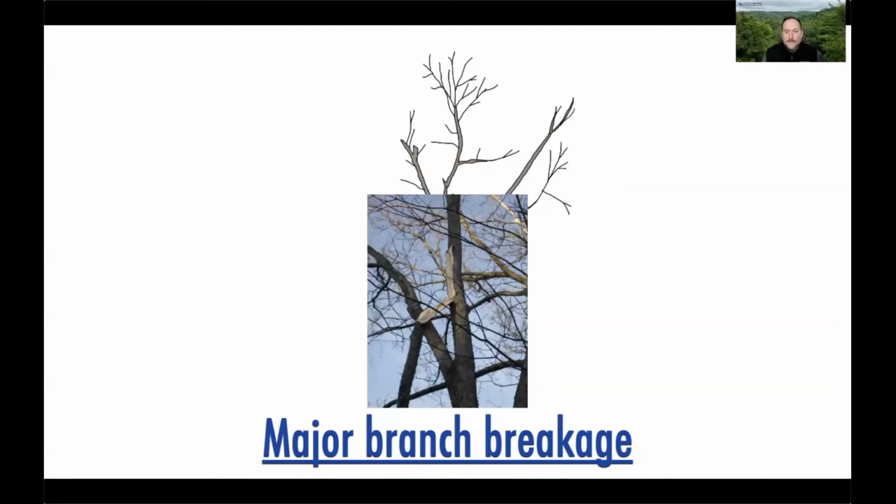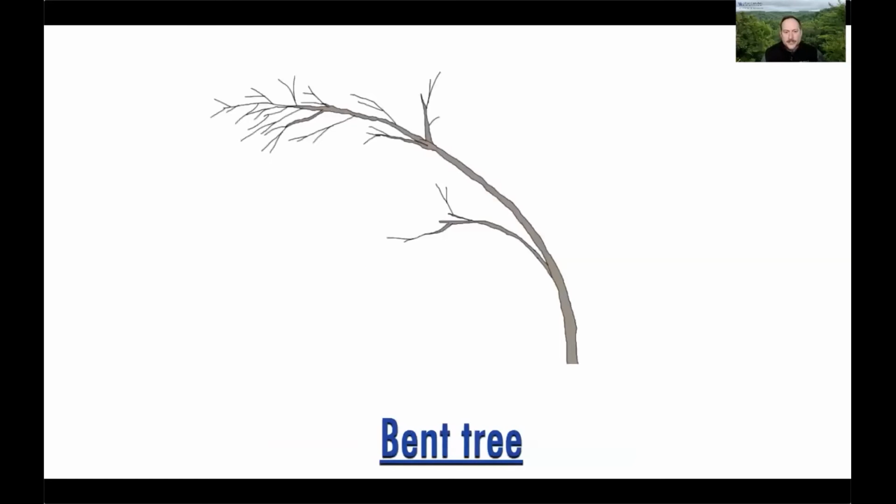Eventually this tree is likely going to rot, starting where that branch broke off, and we're going to lose value over time. It's not going to regain the value that it has at this particular point. So this is considered non-acceptable growing stock, and if you're going to salvage for timber, you should think about removing this tree as well.